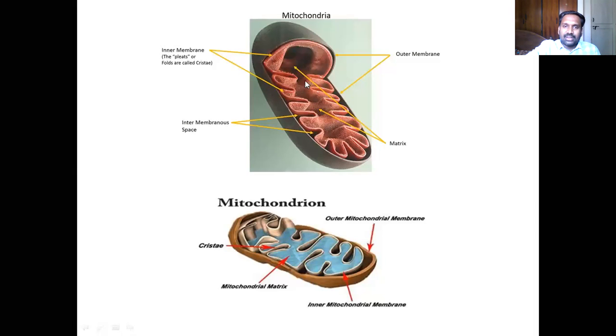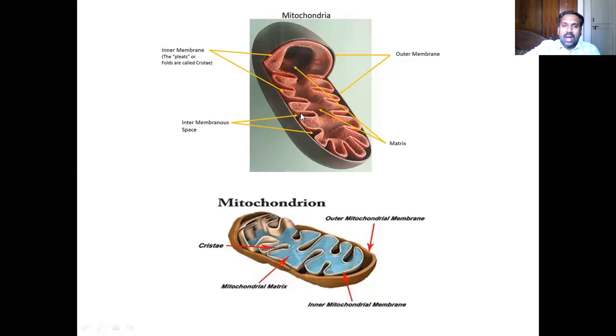Inside the cristae, we have a fluid called the mitochondrial matrix. And there is a space between the inner membrane and the outer membrane, called the intermembrane space.